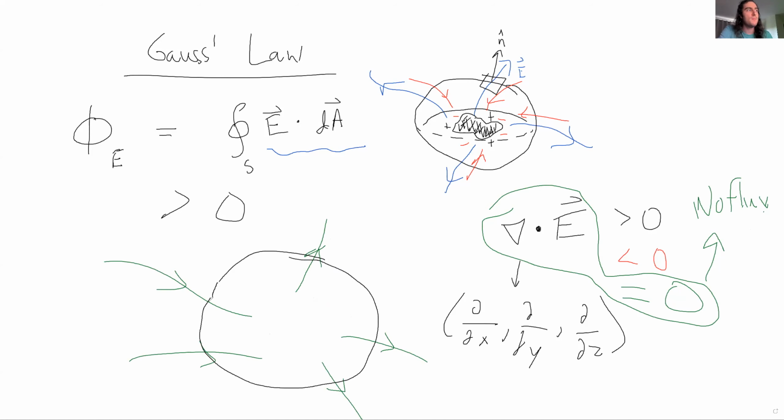Okay, so I have some coming in and I have some coming out. There's a chance it'll be zero. But if it's all going out or all going in, then you can bet it's positive for all out and it's negative for all in, guaranteed. You can always get the sign of the flux by thinking about the divergence of E.